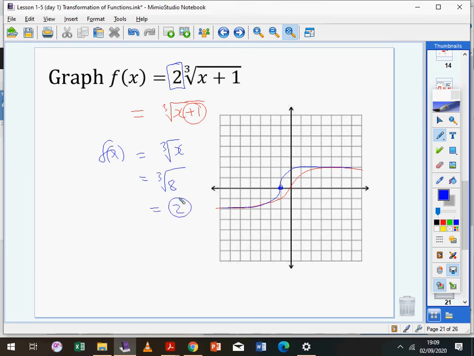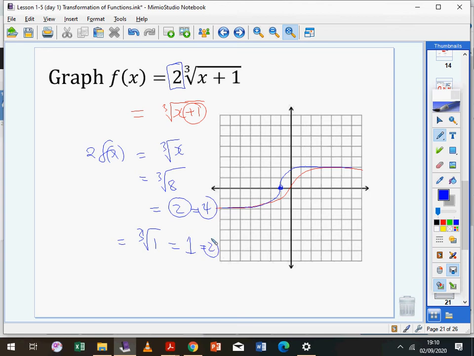And I also know that when x is 1, the cube root of 1 is 1. However, it's now being stretched vertically. So when you put the 2 before the f(x), this will no longer be 2, this will be 4. This will no longer be 1, this will be 2.